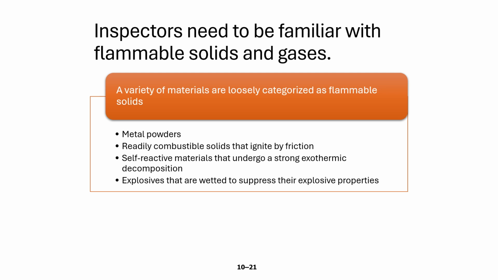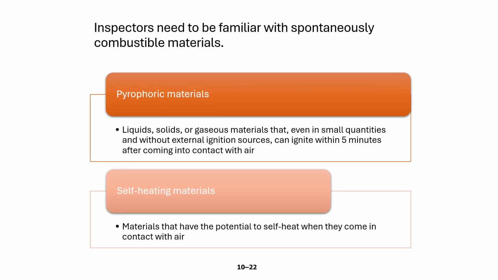Another type of flammable solid includes spontaneously combustible materials. That's something that should be readily identifiable, and you should be able to determine that by signage or by looking at the SDS or other types of documents. When we look at spontaneously combustible materials, we as inspectors need to be familiar with the two primary types.